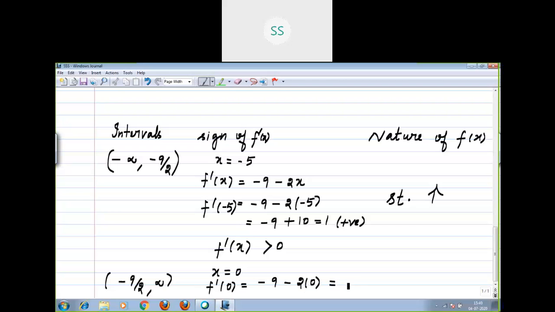You arrive at the result as minus 9, since minus 2 into 0 is nothing but 0, which is negative. That means f dash of x is less than 0. Less than 0 means the function is strictly decreasing.